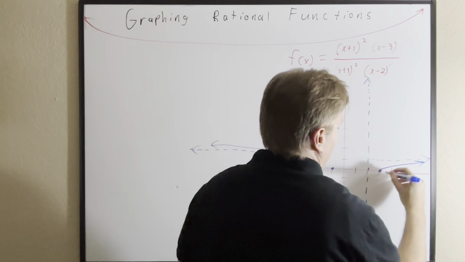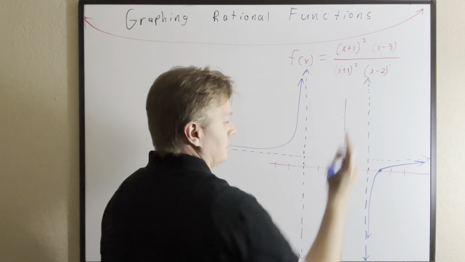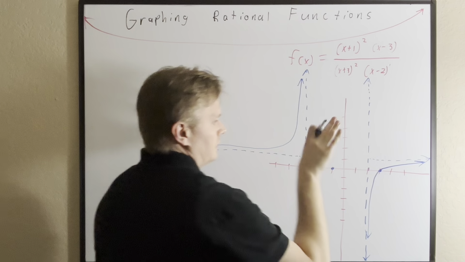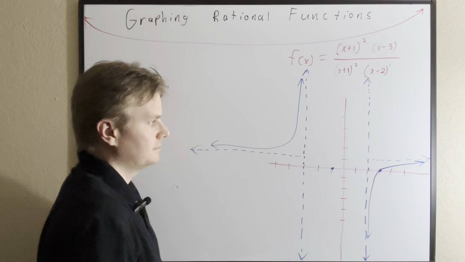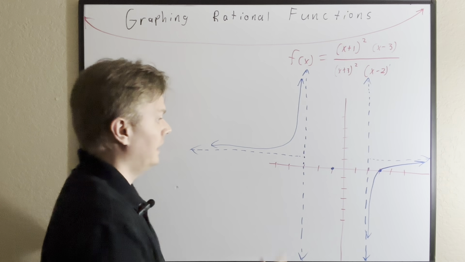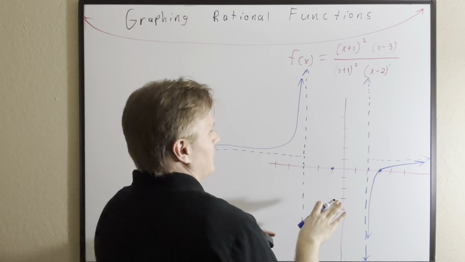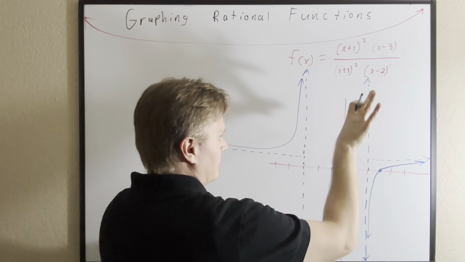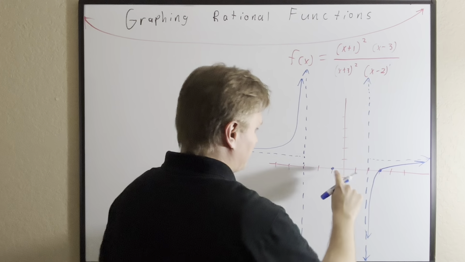And the denominator degree is odd because it's 3, right? So it's going down to the right and up to the left. Got it? Now, what's happening in the middle? Well, usually it might go up one way and down another way, but we got to make sure.